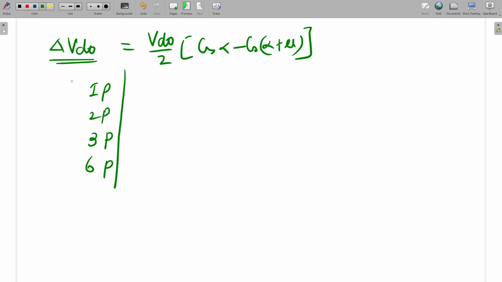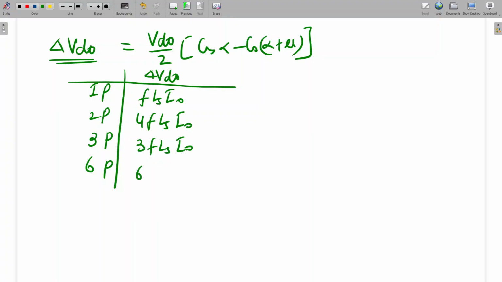The delta Vd0 in the other formula will be f Ls I naught, 2 f Ls I naught, 3 f Ls I naught, and for 6 pulse it will be 6 f Ls I naught. So this we should remember. This is for all converters.